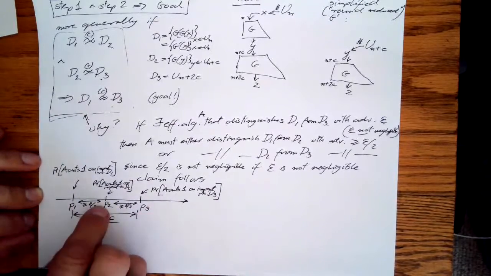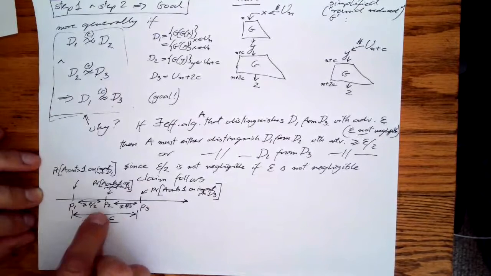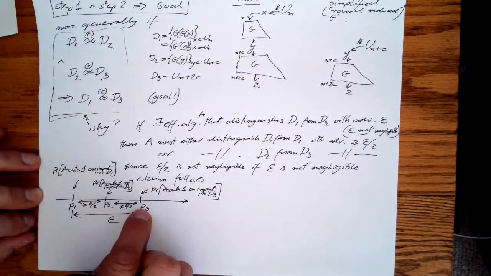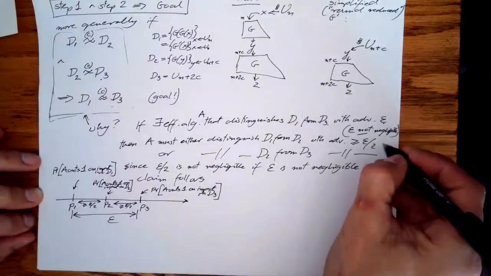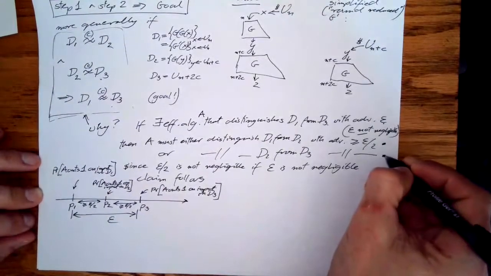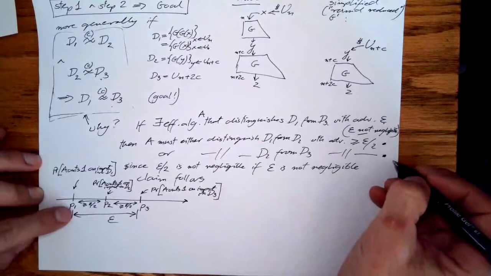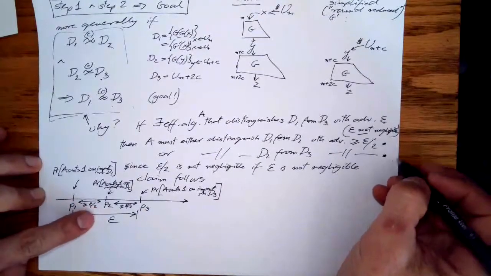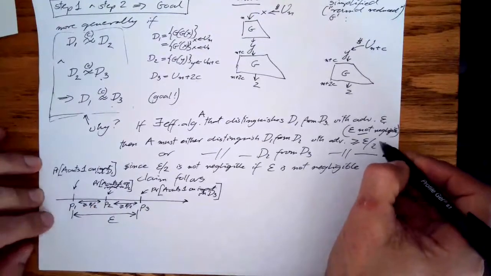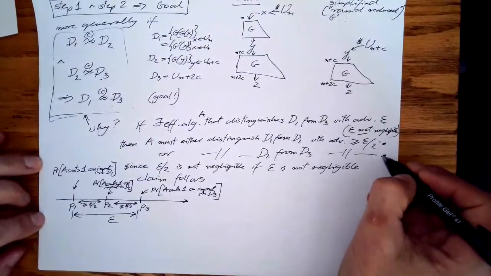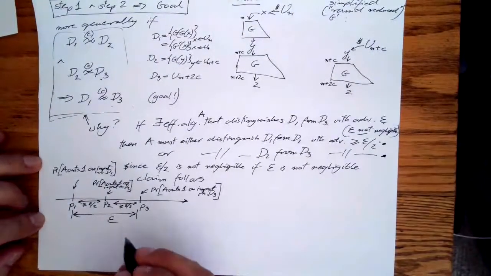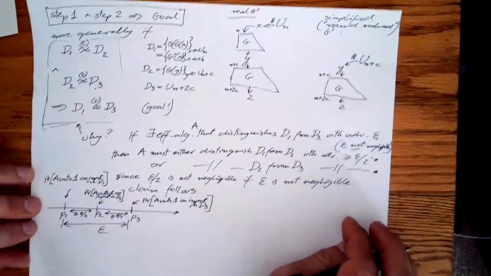So either this step has epsilon over 2 or more, or this one. They cannot both have less. And that's exactly what this says and this says, right? If this distance is larger than epsilon half, that's what this says. And if this distance is larger than epsilon half, that's what this says. So that's the end of the proof.